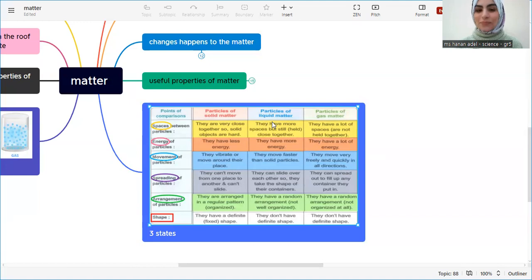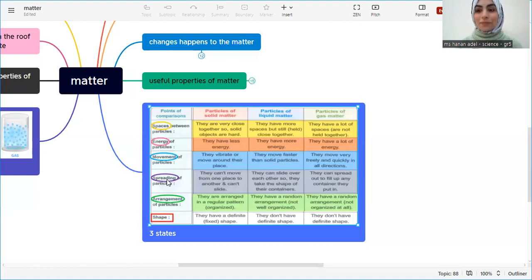The liquid particles move faster, imagine water, maybe a wave. But the gas, like a crazy man, moves very fast everywhere in all directions. This is the gas, the crazy one.